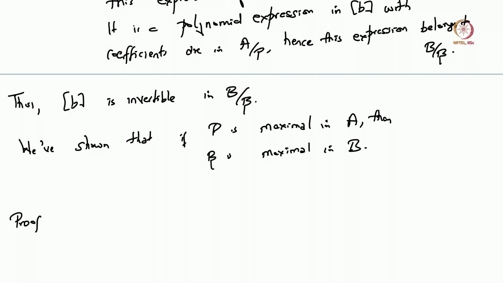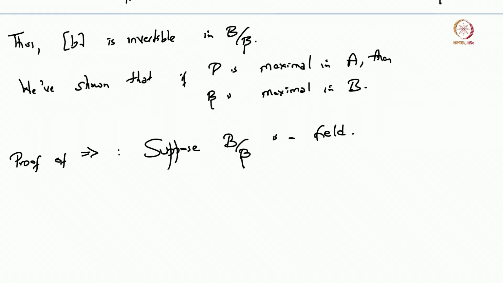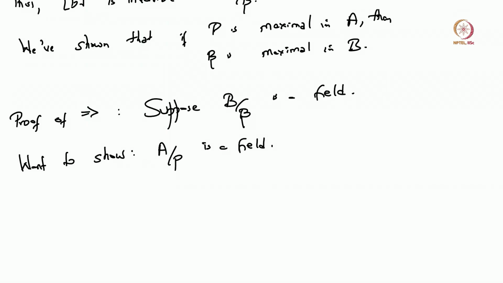Okay, now for the other direction. So suppose that B over beta is a field, and what we want to show is that A over P is a field. And again, for the sake of contradiction, suppose that A over P is not a field.